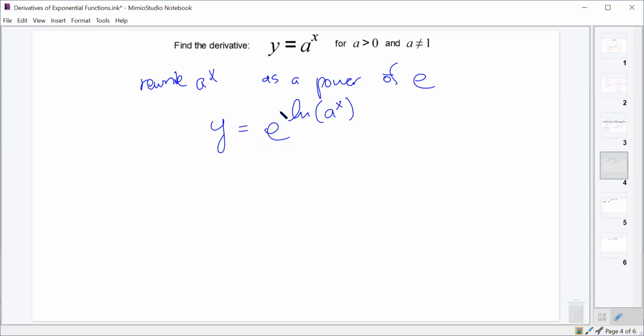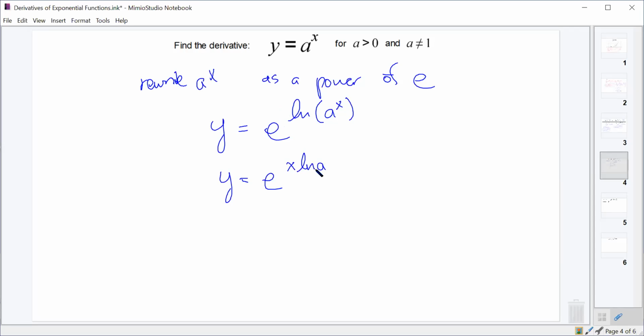Is there a way to rewrite natural log of a to the x using log rules? e to the x times the natural log of a. Exactly. Anytime it's a logarithm of something to a power, you can take the power and pull it out in front of the natural log. And so e to the x ln a.